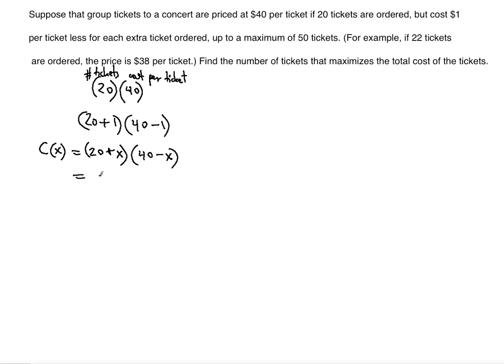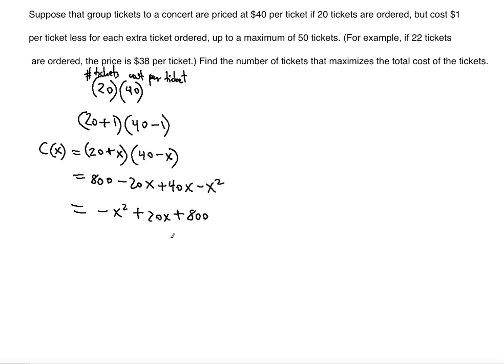It's going to be 40 times 20 is 800, then minus 20x plus 40x minus x squared, and that simplifies to minus x squared plus 20x plus 800.